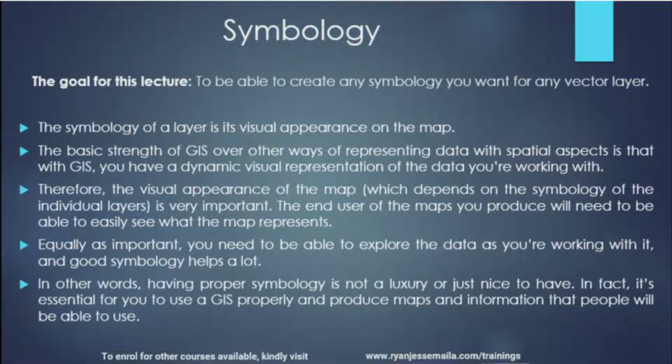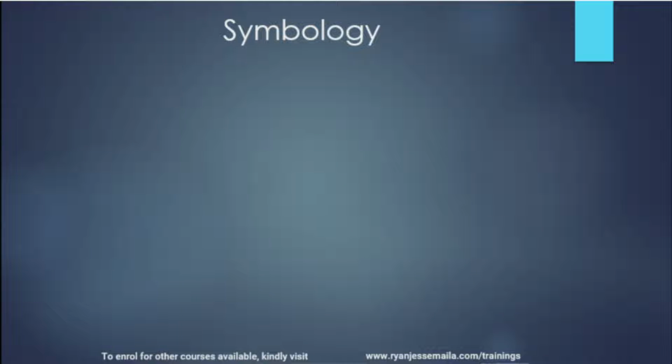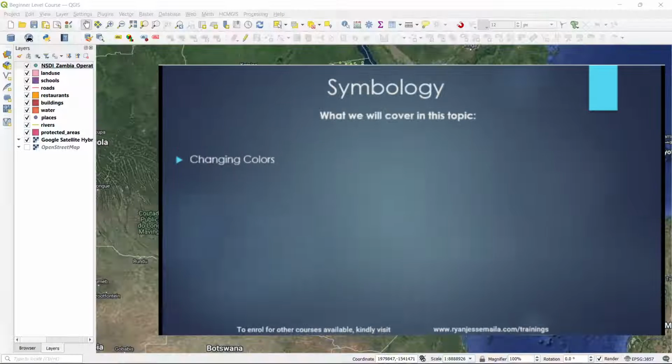So what we're going to cover in this lecture is going to be lengthy and it will have a different number of lectures separated. The first one will be changing colors, how we can change the colors on, as you can see, any of those data sets. That is what we will start with.